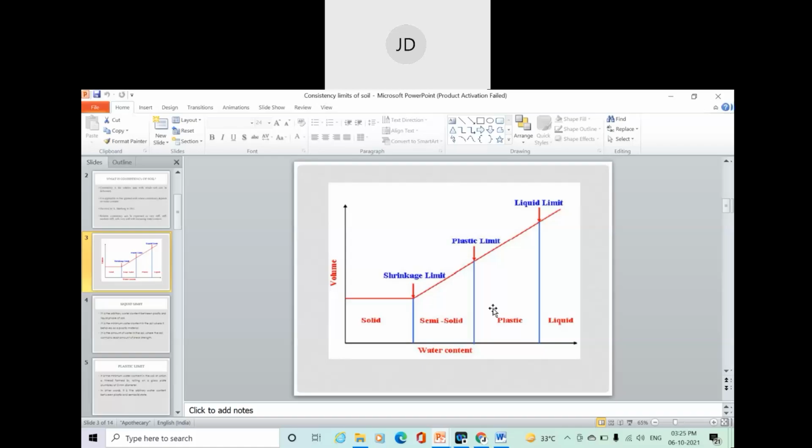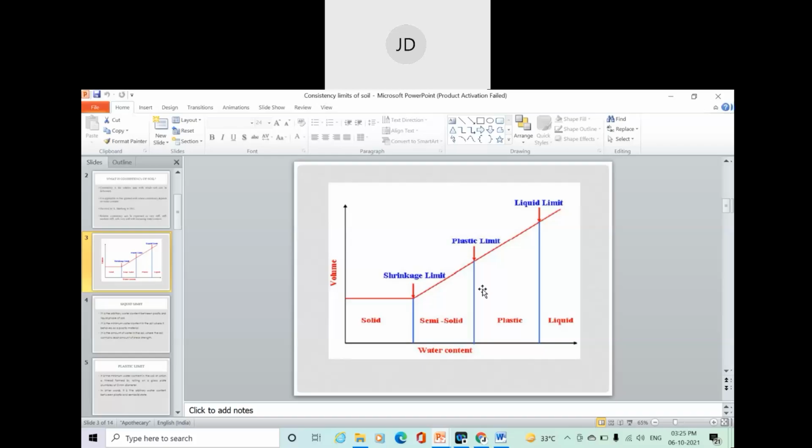So what is the basic idea about plastic soil? Plastic soil has the property of deforming without changing in volume. You can give any shape to the plastic soil without changing volume or without failure. This is the significance of plastic soil.